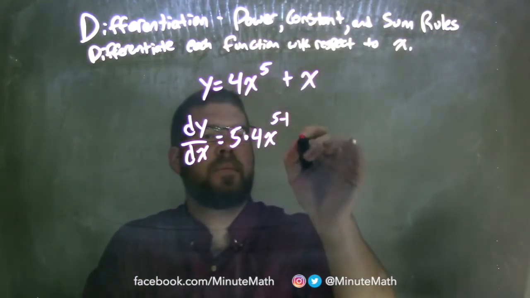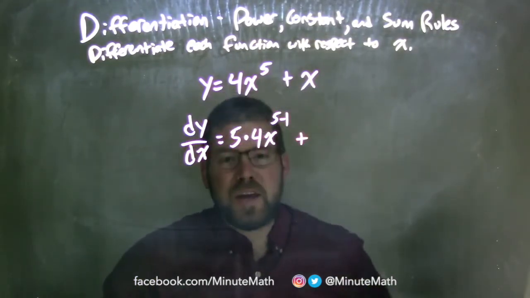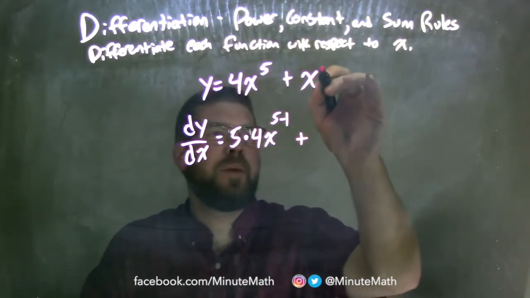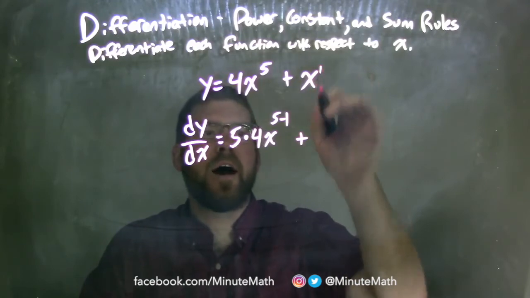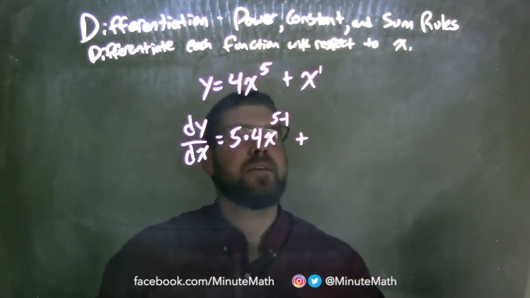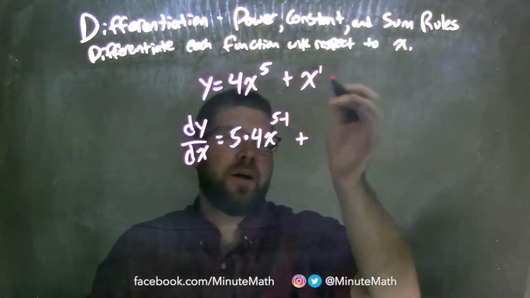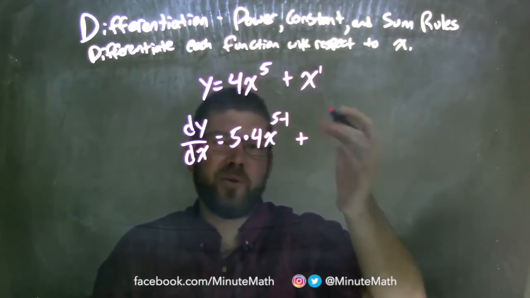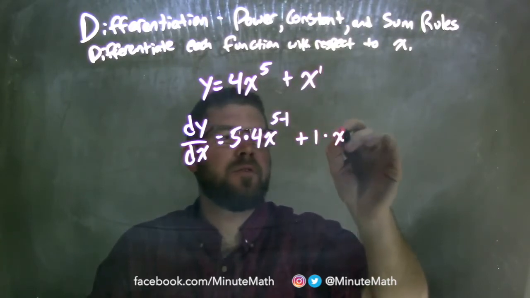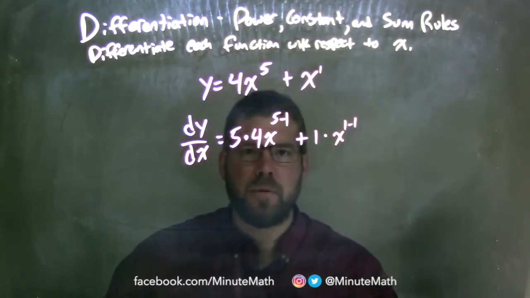Plus, we can do the same thing here with x, right? We imagine there's a 1 as the exponent, if you don't know that the derivative of x is just 1. If we use the power rule again, we can also get our answer. So 1 comes down times x to the 1 minus 1 power.